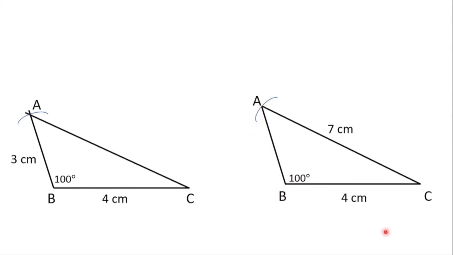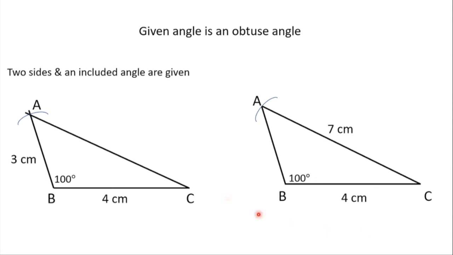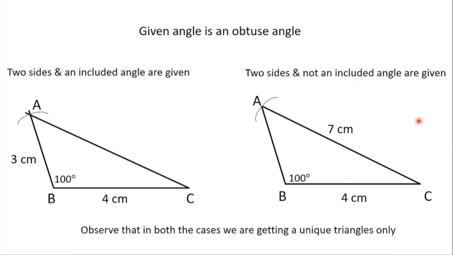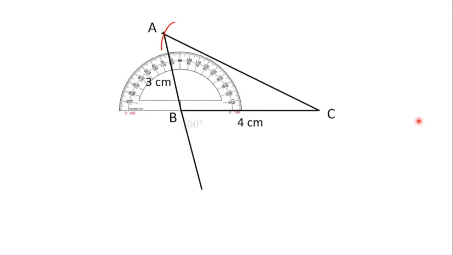So join the respective points and see that given an obtuse angle, if two sides and an included angle are given, or if two sides and not an included angle are given, then observe that in both the cases we are getting unique triangles only. If you want, you can extend this AB line below. Angle B is 100 degrees, therefore definitely this is an adjacent angle of a linear pair.